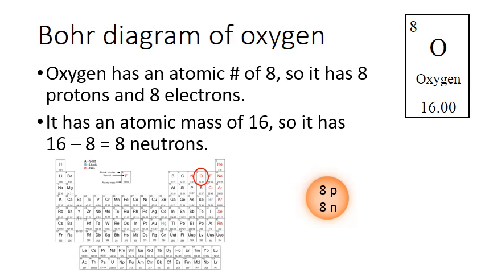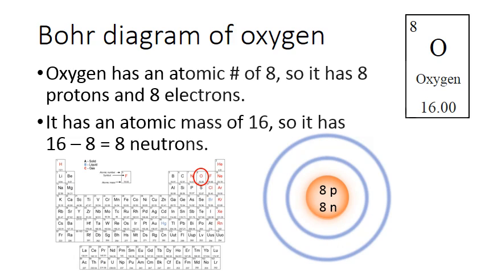It's in the second row, which means, well, the second period rather. So it has 2 orbits, or 2 shells. The first shell is going to have 2 electrons in it, and we need to add up to 8, so we need 6 more. And we add those extra 6 in the next orbit, and we are done. There's a Bohr diagram of oxygen.